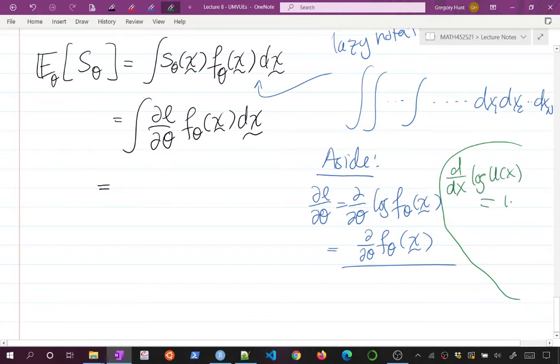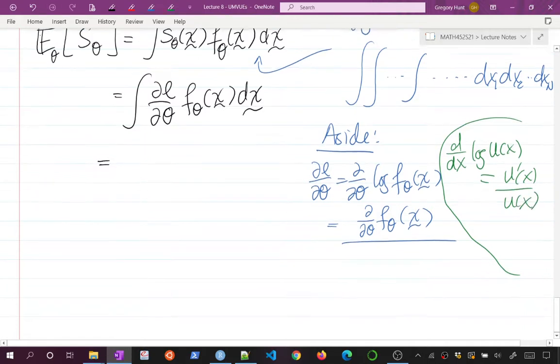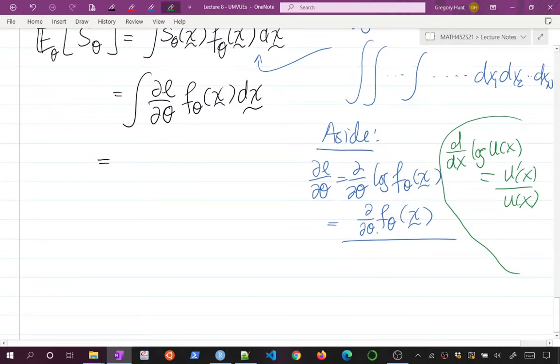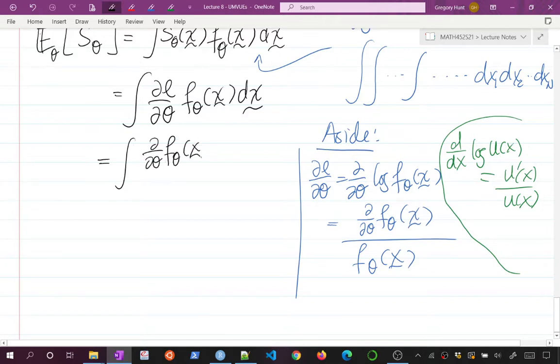This is u prime of x over u of x. So this is the derivative of the inner part over f theta of x. So we can plug in this form for dl d theta. This is the integral of dd theta f theta of x over f theta of x, times f theta of x.